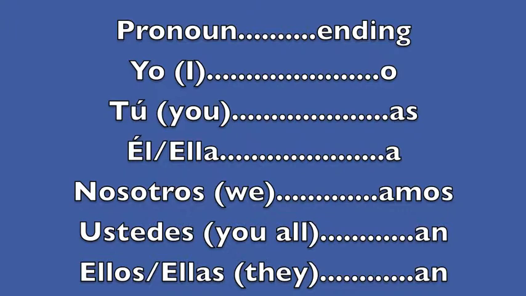If the pronoun is él or ella, the verb should end in a. If the pronoun is nosotros, which means we, the verb should end in amos. If the pronoun is ustedes, which means you all, the verb should end in an. If the pronoun is ellos or ellas, which means they, the verb should also end in an.